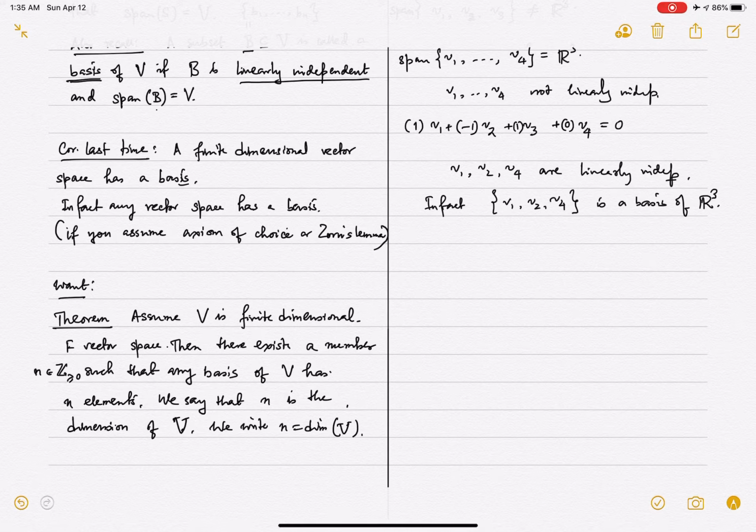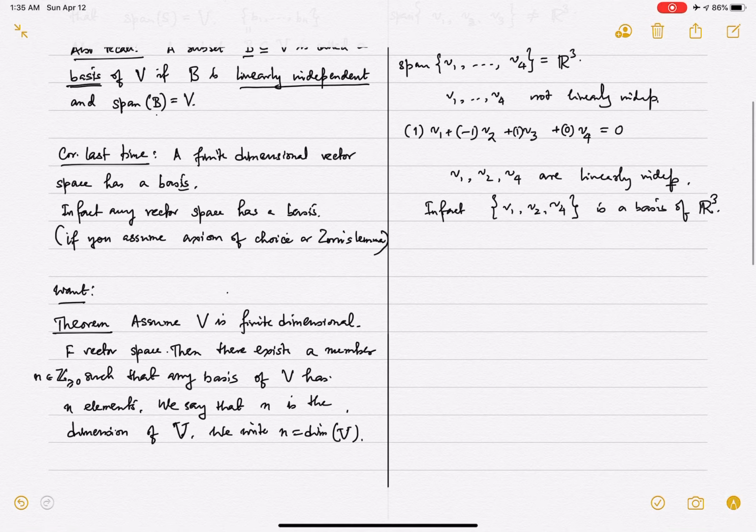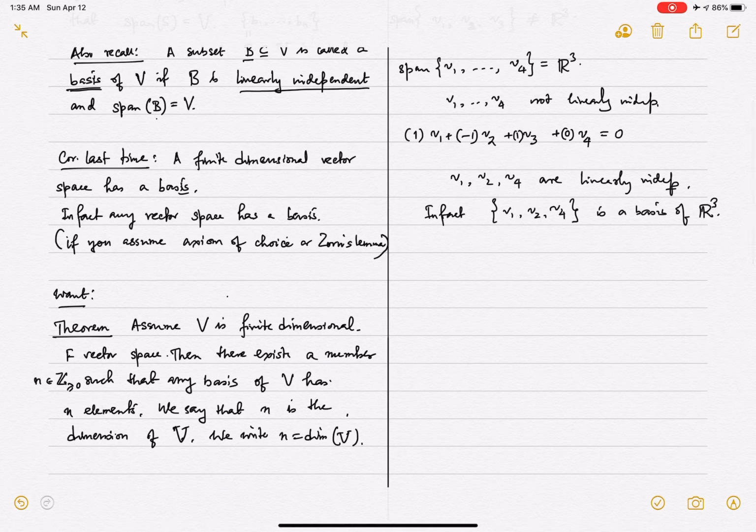This has a little problem. I mean, what do we do for the zero vector space? Maybe it's simplest to address that by declaring explicitly. Let's write this for non-zero vector spaces.